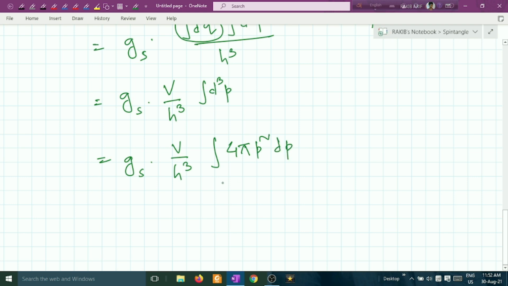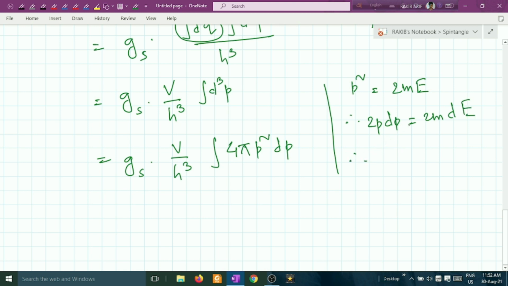dp. Now, what is p square? We know p square equals 2mE, from the kinetic energy expression. Differentiating this, 2p dp equals 2m dE.